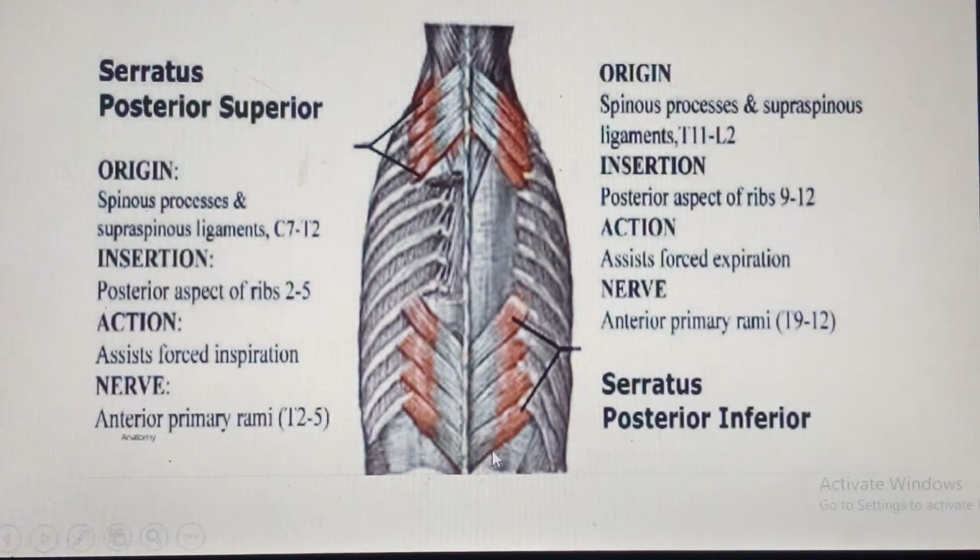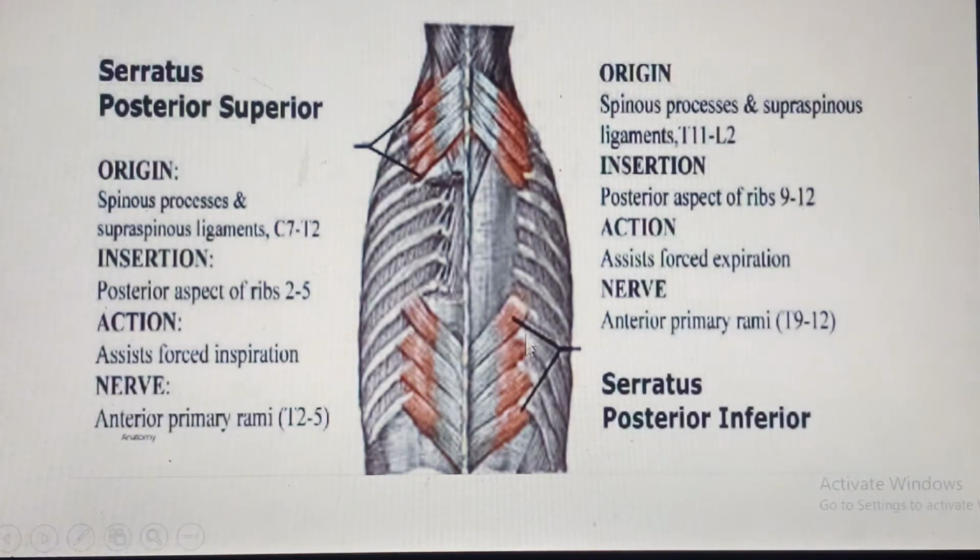That's how the fibers run, because they also originate from the spinous processes, as well as the supraspinous ligaments, of T11 all the way to L2, and they move superolaterally to insert on ribs 9 to 12. Therefore, it will be supplied by the ventral rami of spinal nerve levels T9 to L2. So that is what we are going to see over here.